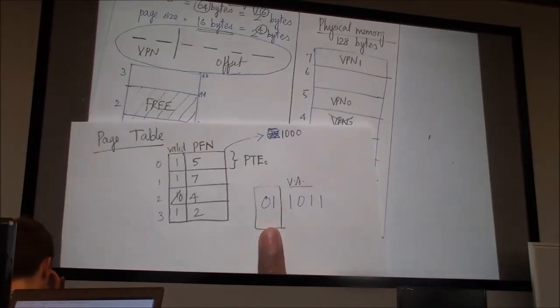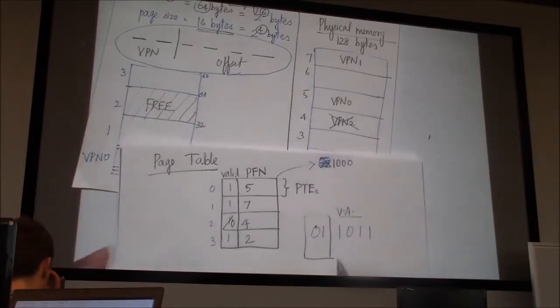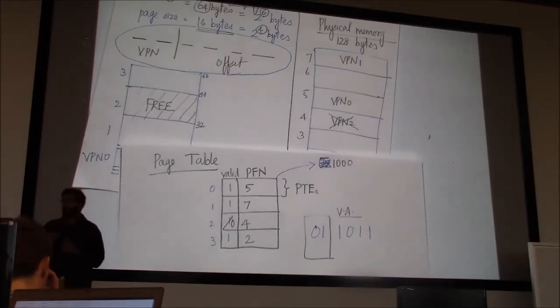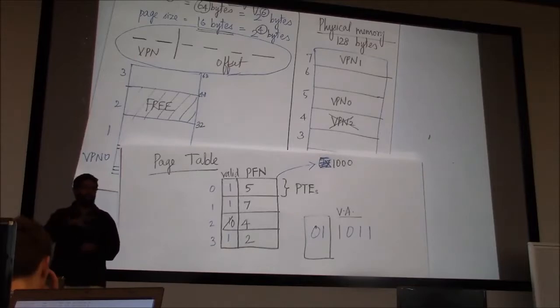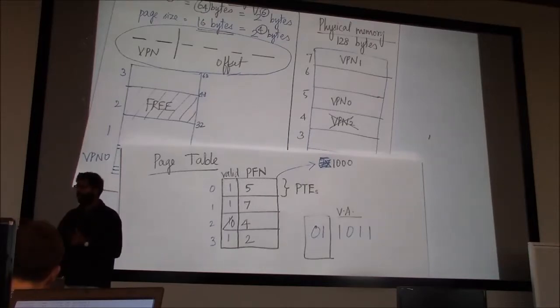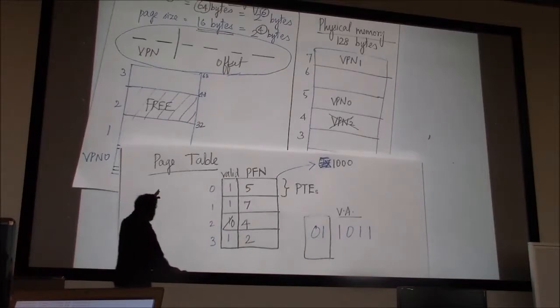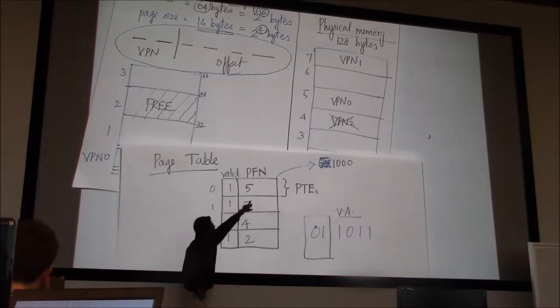It's like the first virtual page. Whenever an address translation happens, usually the operating system does not get involved. So if the operating system does not get involved, the hardware needs to figure out how it can access this particular value of 7 from this page table.